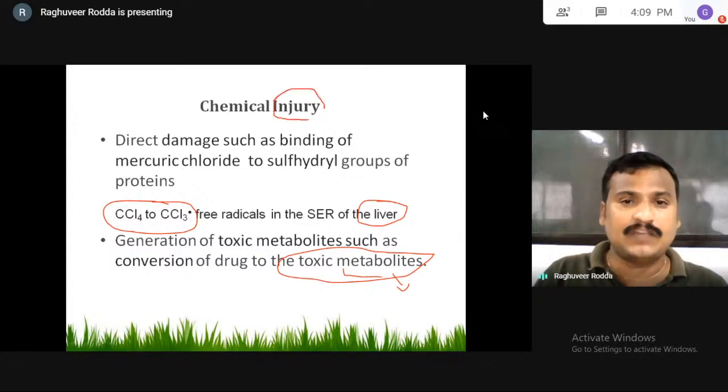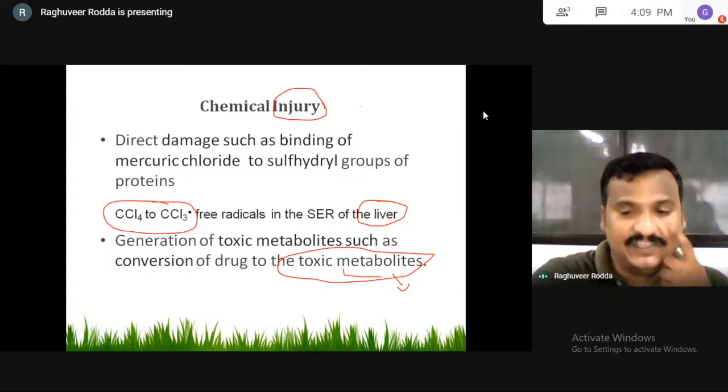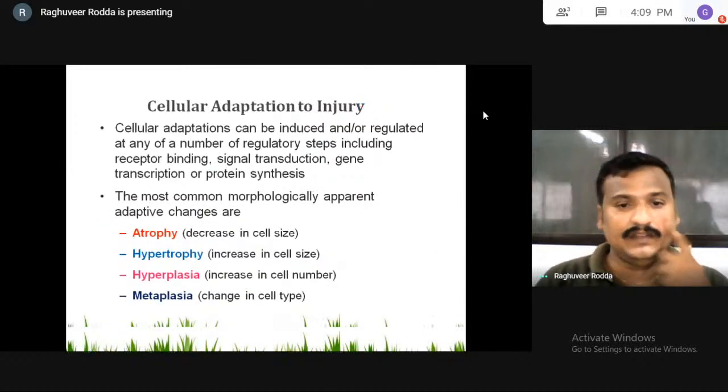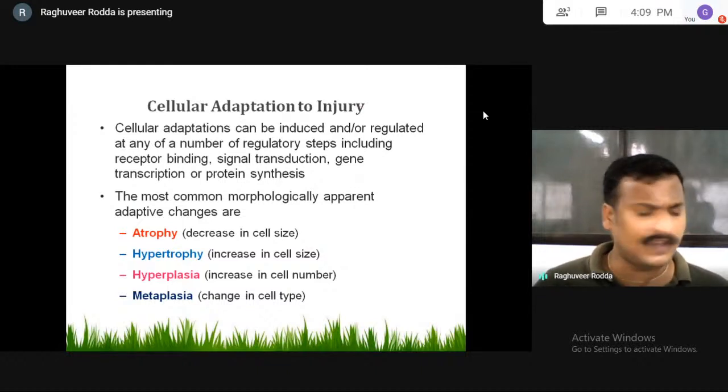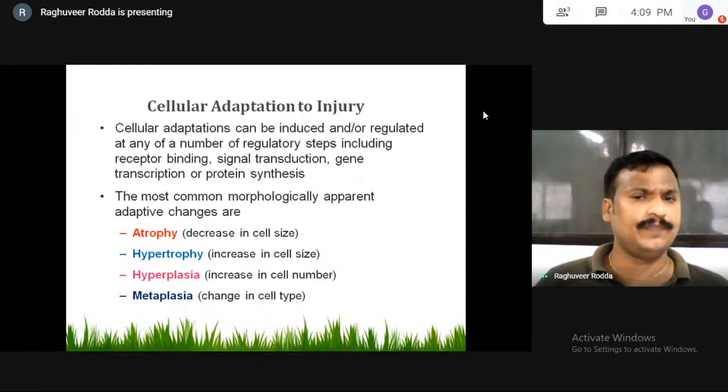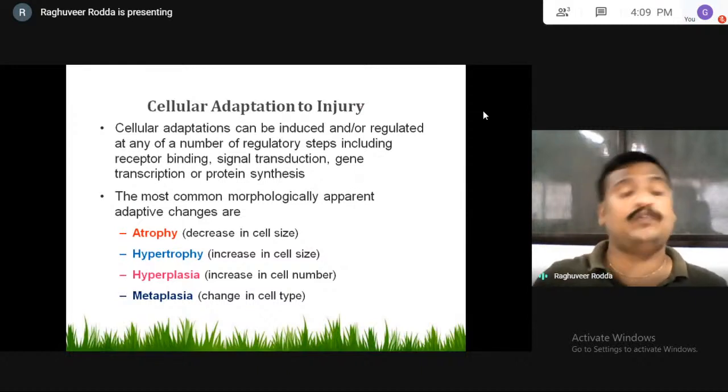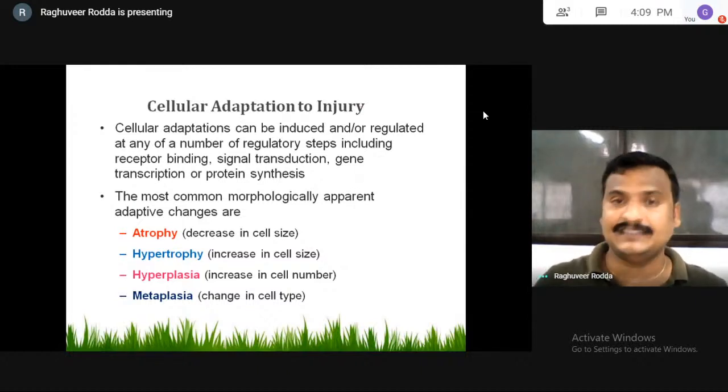Such types of injuries are called chemical injuries. Then what happens? As I said, as soon as the liver or the cell gets injured, it will move to a process called death.